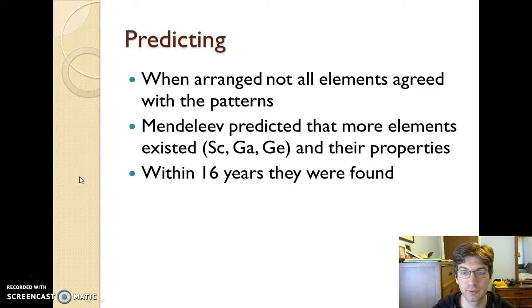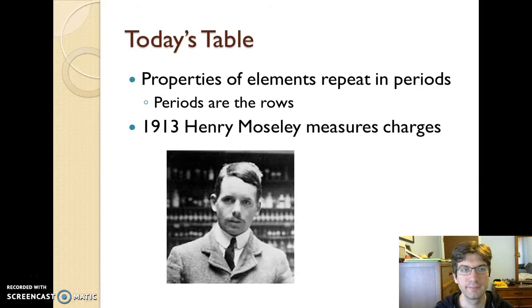And he also predicted that this is where they would be atomic mass-wise, and this is where they would be property-wise. And within 16 years, they were found, and he was correct. His predictions were shown to be accurate in that he knew the atomic masses of these elements and their properties before he even knew they existed, just based off of his organization of that periodic table, which is a pretty powerful thing.